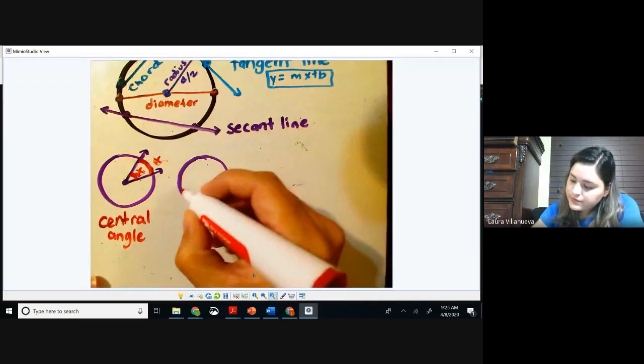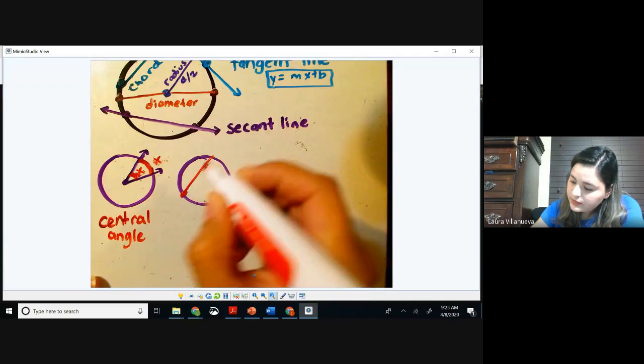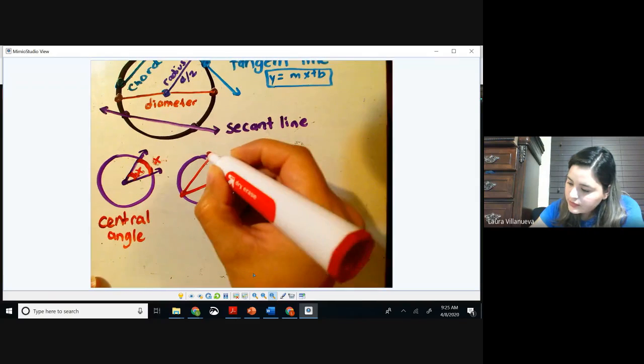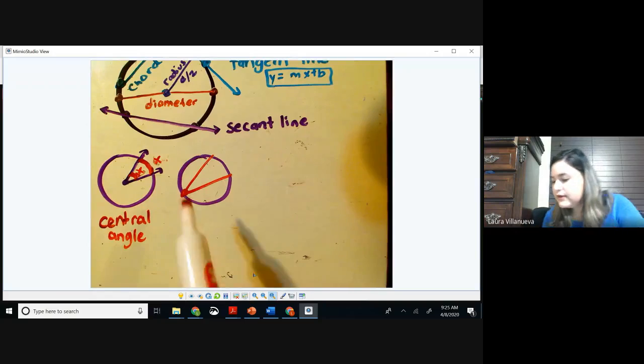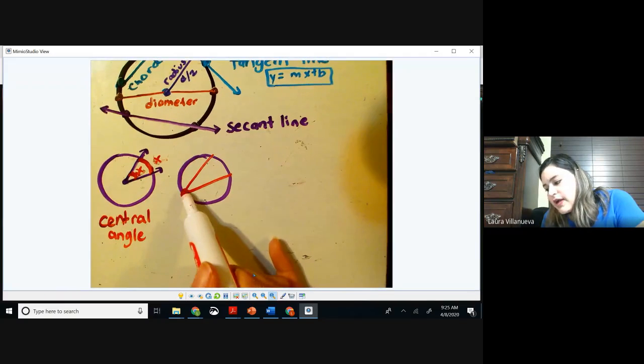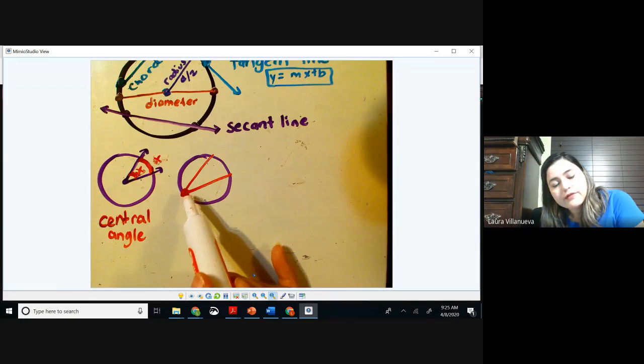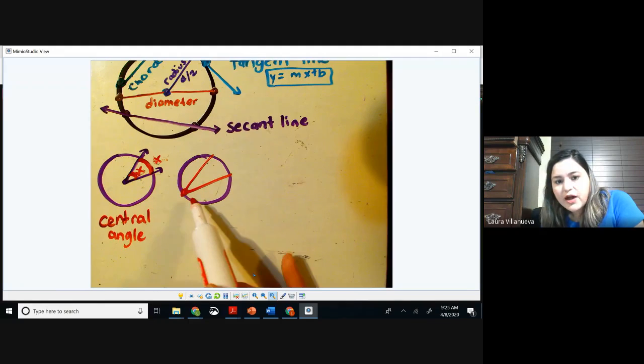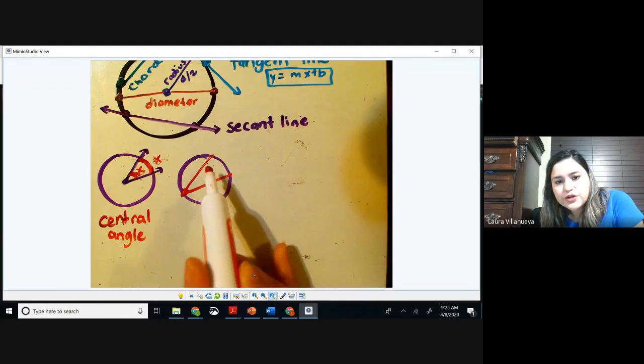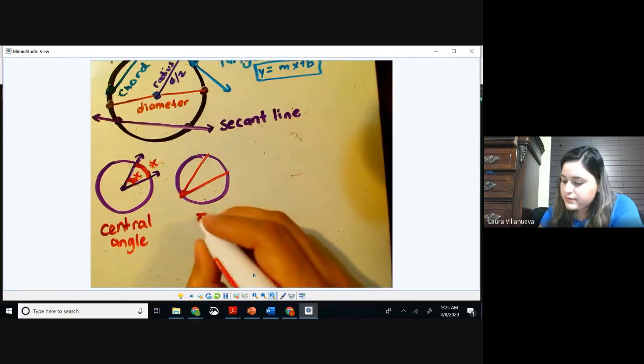Now, for the inscribed angle, if the vertex of your angle is on any point on your circle, it is called an inscribed angle.